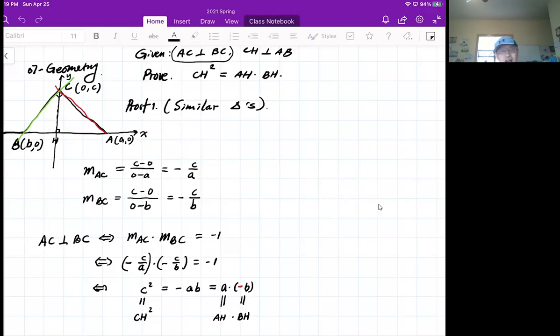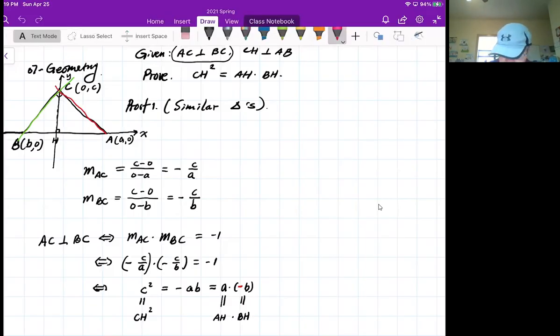Since AC and BC are perpendicular, the product of the two slopes must be equal to negative 1. Then do the substitution, and we get that this is just the same as CH squared is AH times BH. So that's cool.